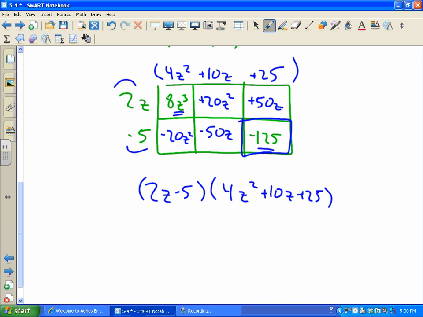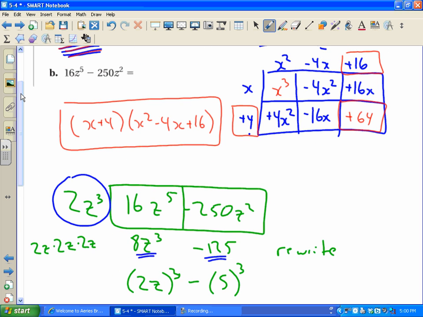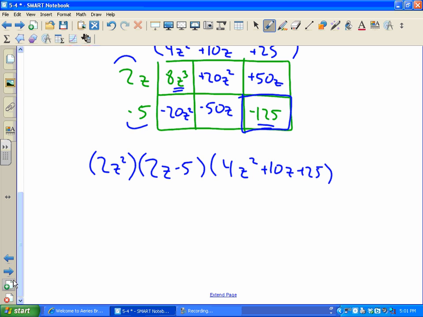You factored him out. So there is your completely factored form of 16z to the 5th minus 250z squared. Once again, you can try to factor that 4z squared plus 10z plus 25. I'll tell you it's not factorable.